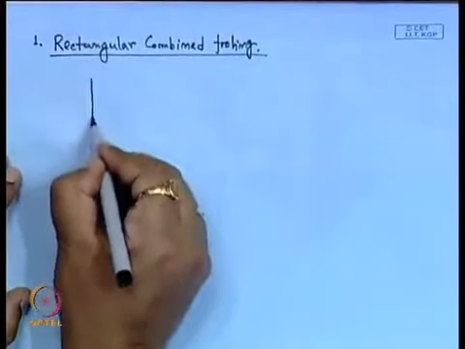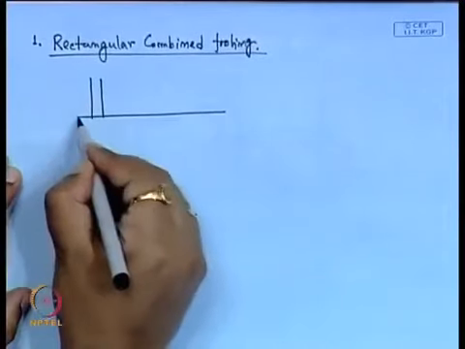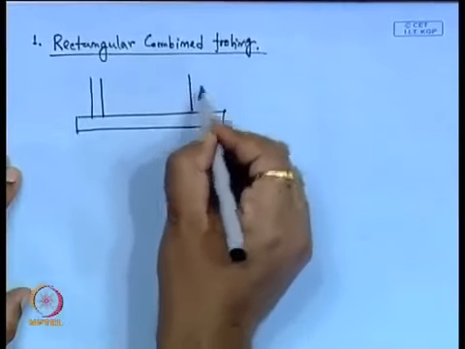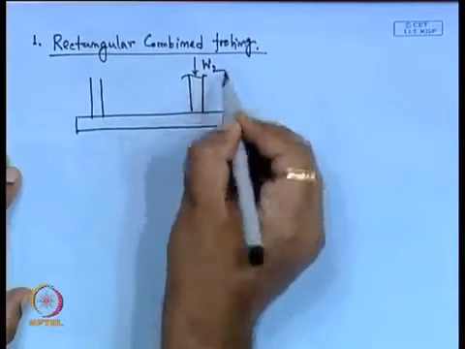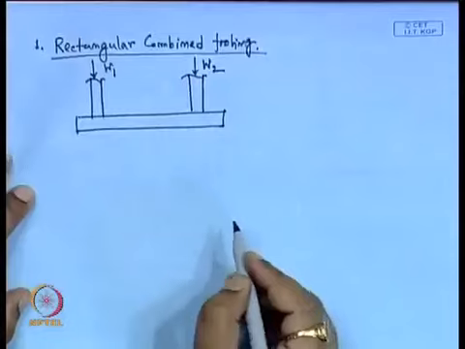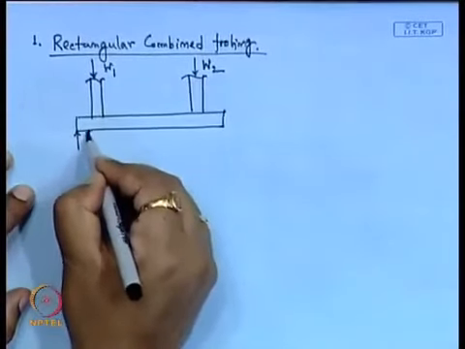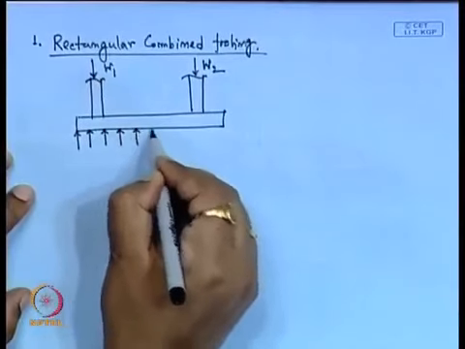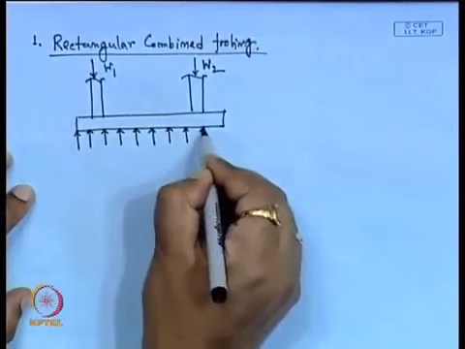Suppose this is the sectional view of the rectangular combined footing, where two columns are combined by a single footing. W2 is the load acting on the first column, and W1 is the load acting on the second column, and this is the bearing pressure, the upward reaction of the soil acting at the base of the footing.